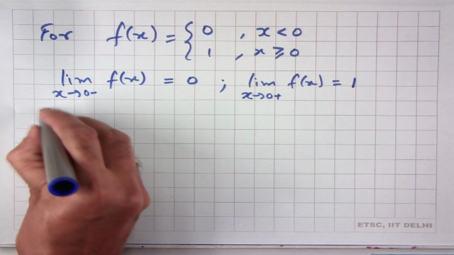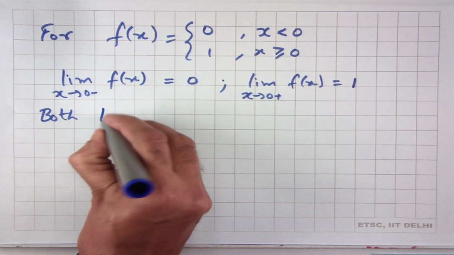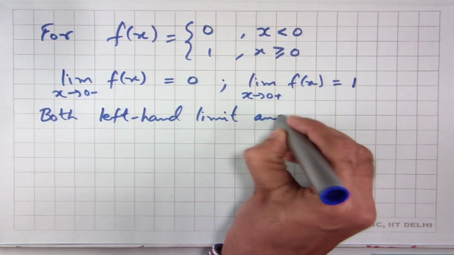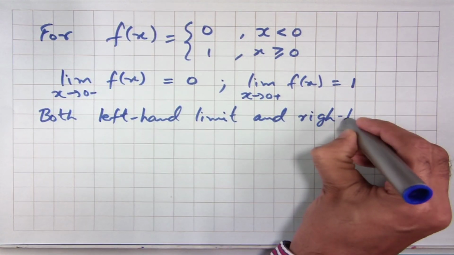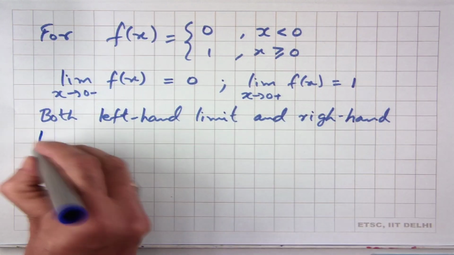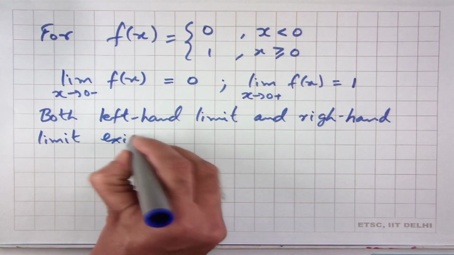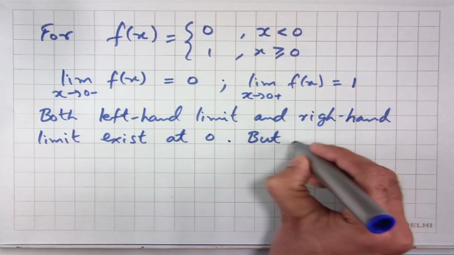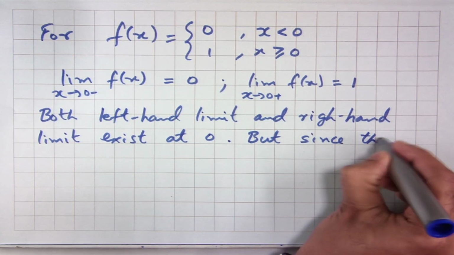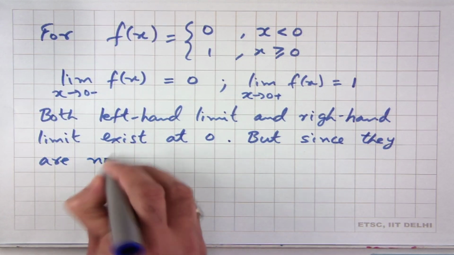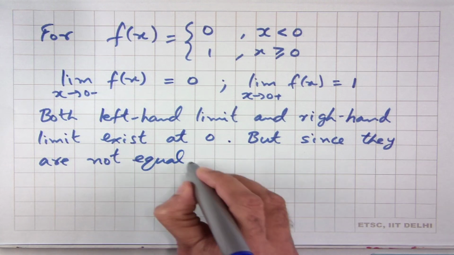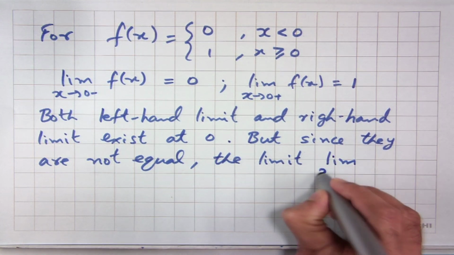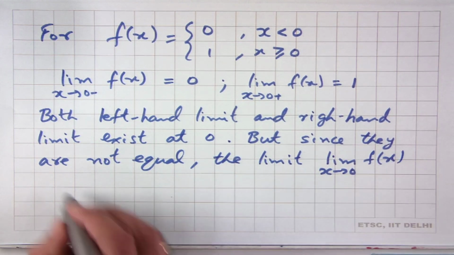So, both the left hand limit and right hand limit exist at 0, but since they are not equal, the limit as x goes to 0 of f of x does not exist.